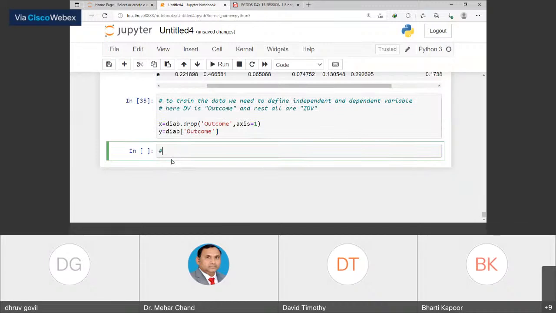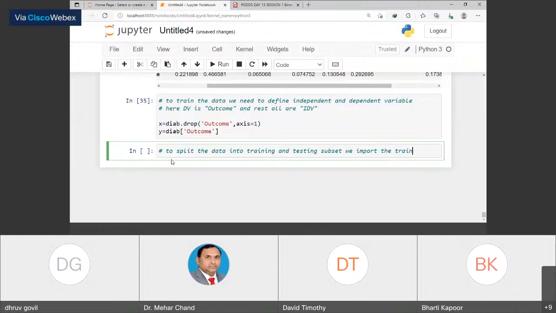It's perfect. So now we can split the data into training and testing subsets.